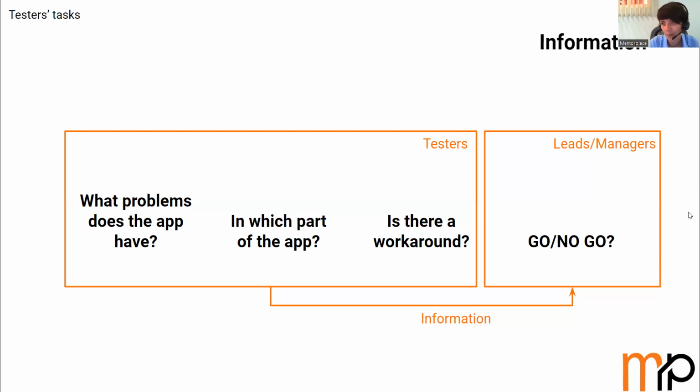Go, no go means whether we are going to production with this version, whether the release of the next version is possible right now with this quality of the application. So we are not saying that we should not have any defect or any problem. We have some gate that we should pass.